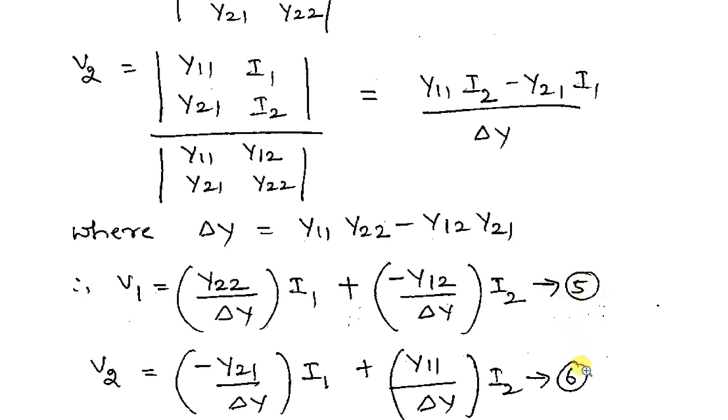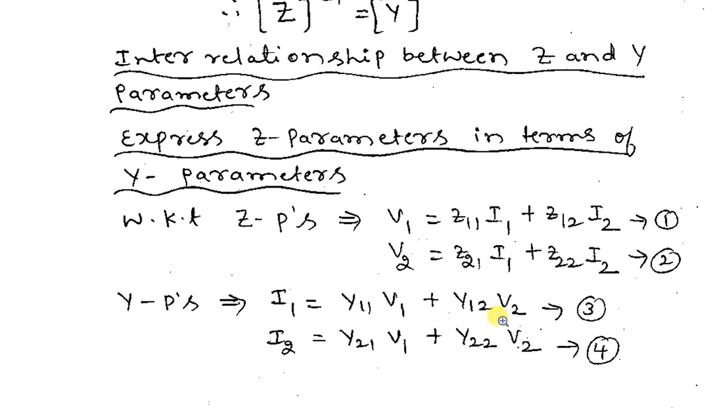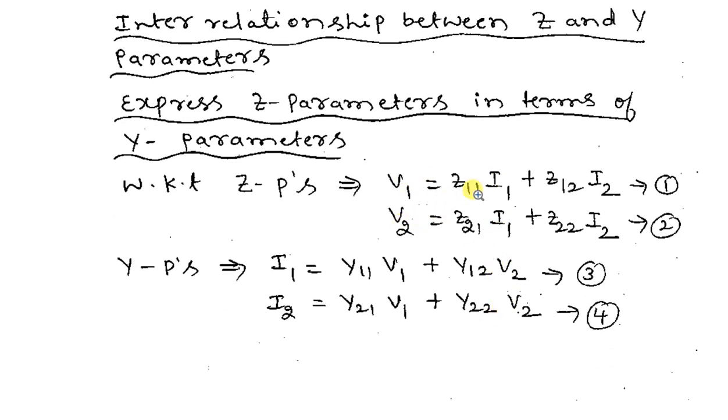Now you have to compare equations number 5 and 6 with the Z parameter equations. In the Z parameter equations, V1 and V2 are expressed in terms of I1 and I2. Now we also solved V1 and V2 and got I1 and I2 terms. In the equation for V1, the coefficient of I1 is Z11 and of I2 is Z12.